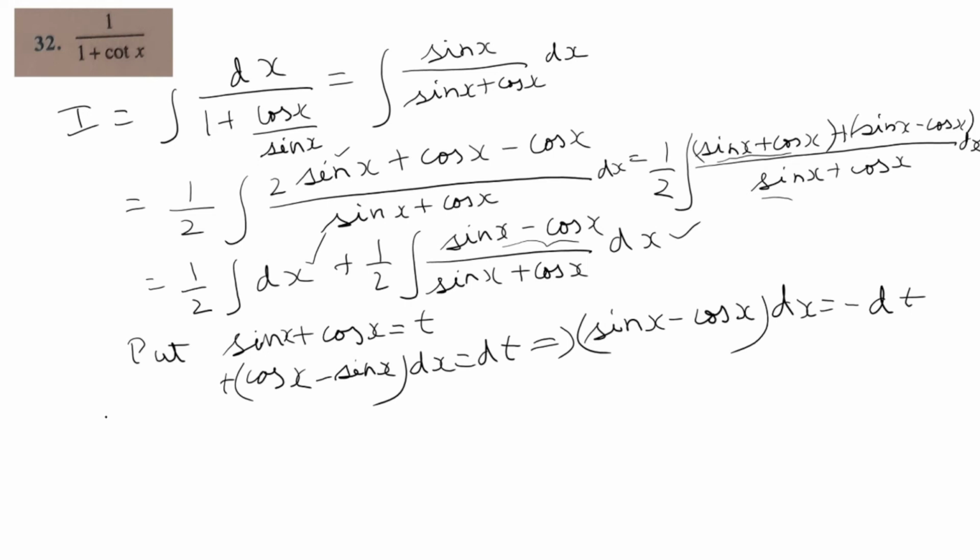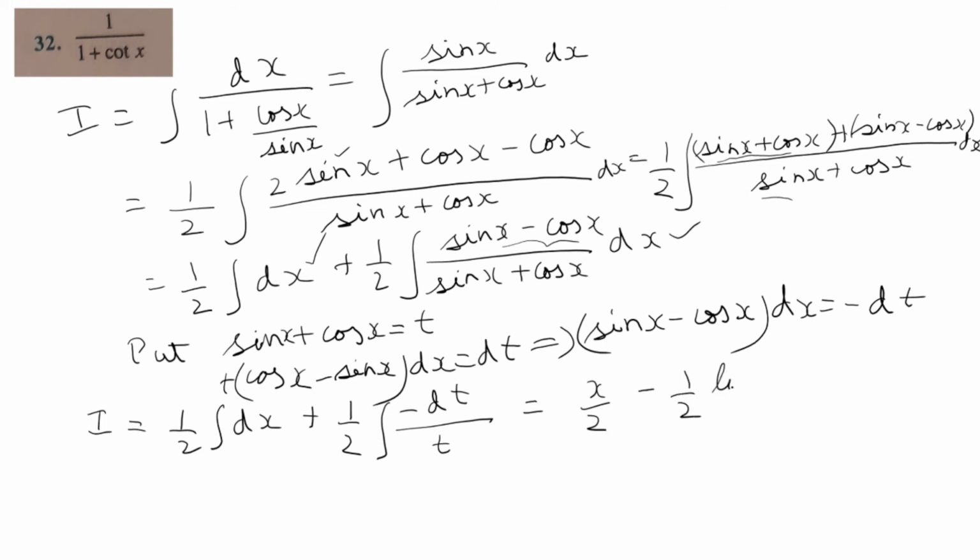So let us substitute in I is equal to half integral dx plus half integral sin x minus cos x dx, which is minus dt divided by t. So this is equal to x by 2 minus half log mod t plus c.